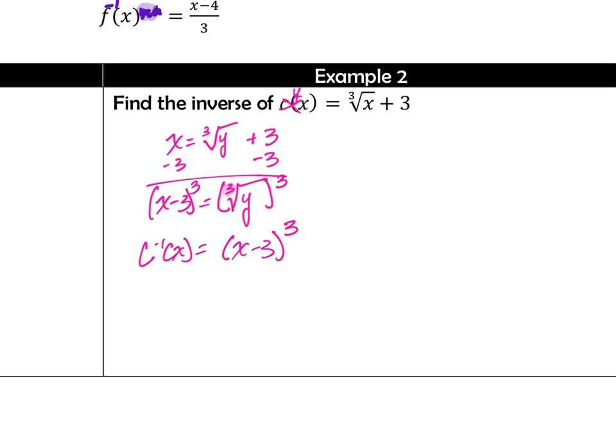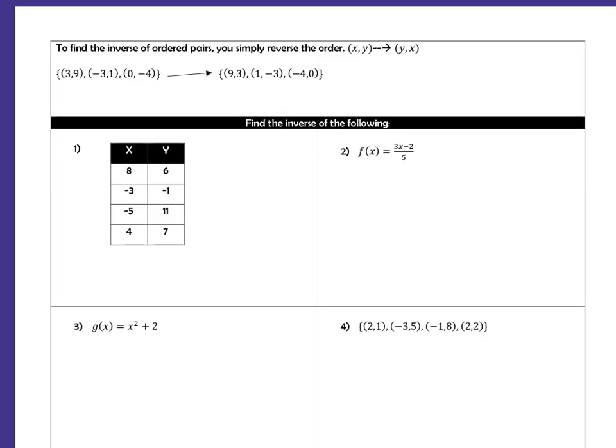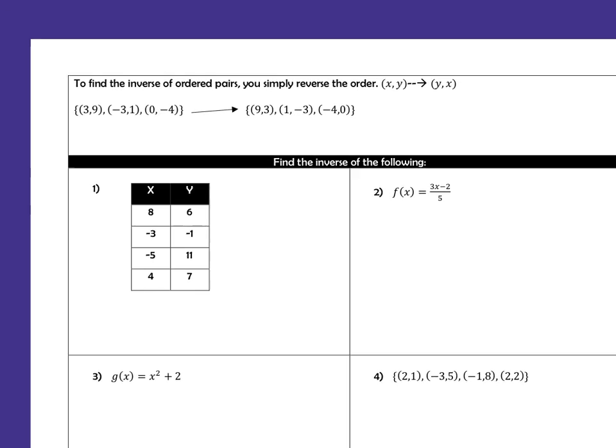Okay. So the top is just a little directions or a little example of how to find the inverse if I have an ordered pair. So to find the inverse of an ordered pair, we simply reverse the order. So if my ordered pairs are x, y, to find the inverse, they become y, x.